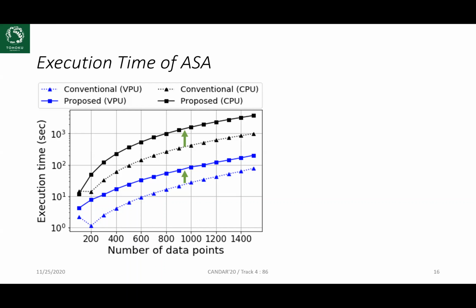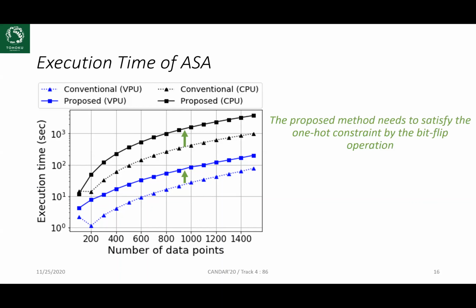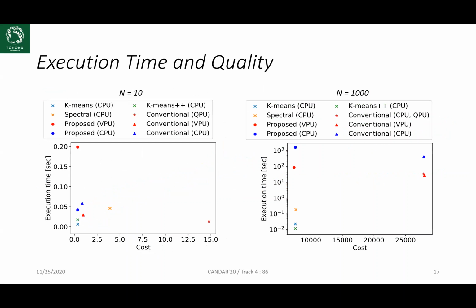The proposed method takes a longer time than the conventional method. This is because the proposed method needs to satisfy the one-hot constraint by the bit flip operation algorithm. In addition, both the proposed method and the conventional method running on VPU are faster than on CPU, because the VPU uses vector operations to process large problems faster.